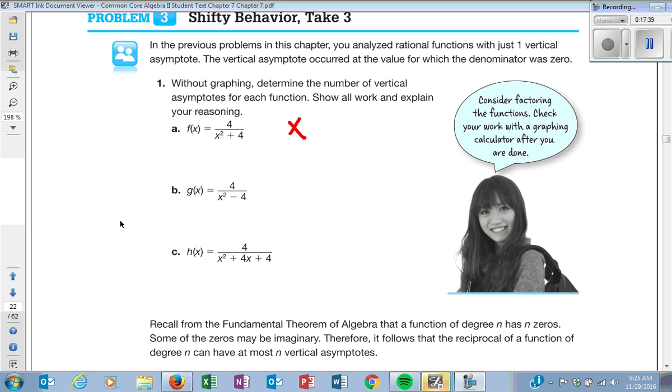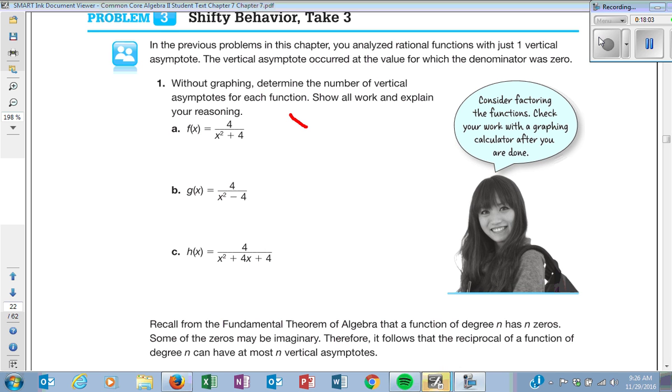So that means x squared plus 4 equals 0. Hopefully you're realizing that in order for me to do this, I'm going to have to factor this, or I'm going to have to move the equation around. So I'm going to try the second way.